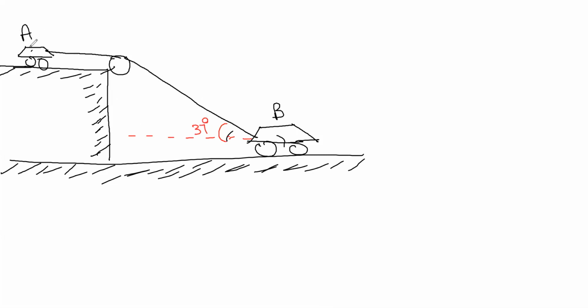If car A is moving left side with a velocity of 8 meters per second, then what is the velocity of car B?